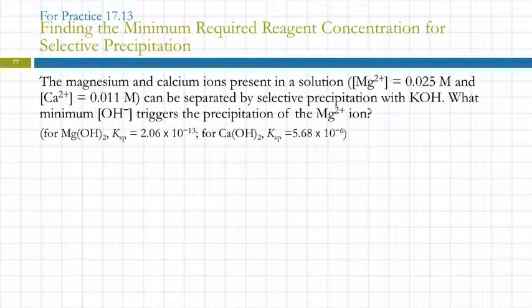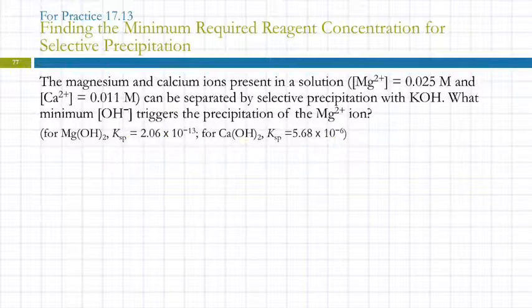So magnesium and calcium ions present in a solution can be separated by selective precipitation with potassium hydroxide. What minimum hydroxide ion concentration triggers the precipitation of the magnesium ion? And we're given KSP values for calcium hydroxide and for magnesium hydroxide. So if we look at these KSP values, this is 10 to the minus 13, and this is 10 to the minus 6.